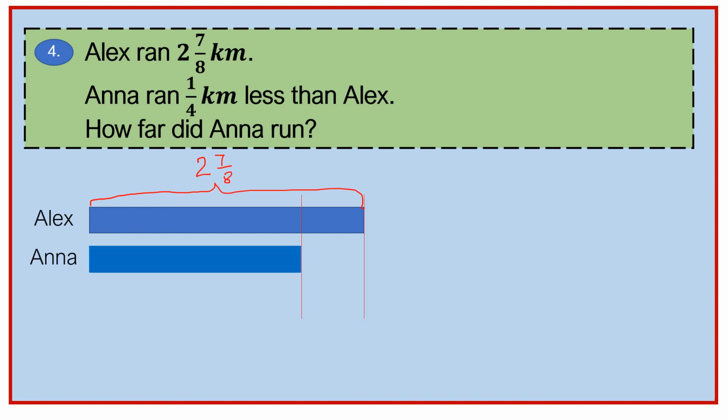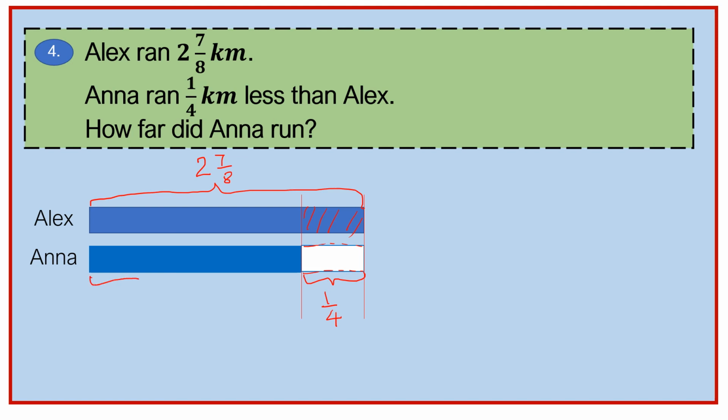So this part is the less part that Anna ran. So this is a quarter. So we need to know how far did Anna run.